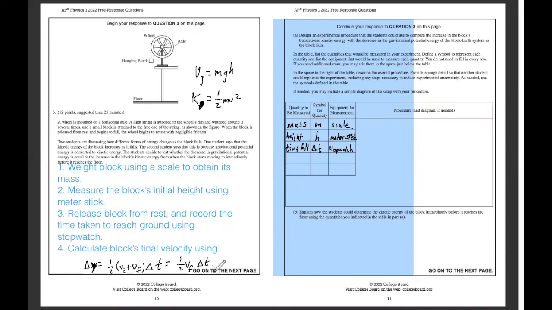And so after I have calculated the block's final velocity, step number 5 is going to be repeat steps 1 through 4 at least 3 times and average the measured and calculated values.